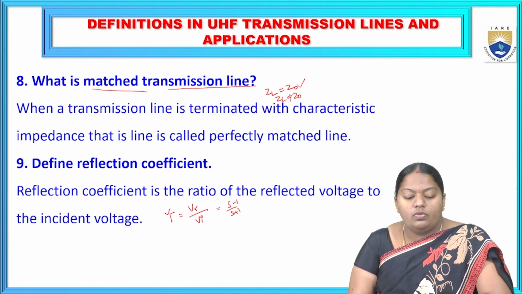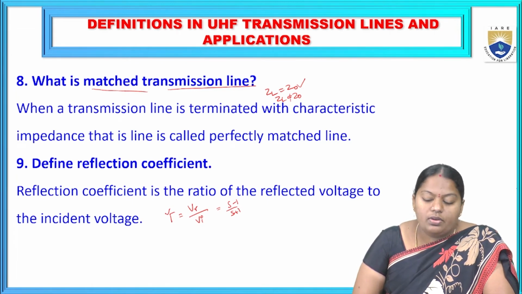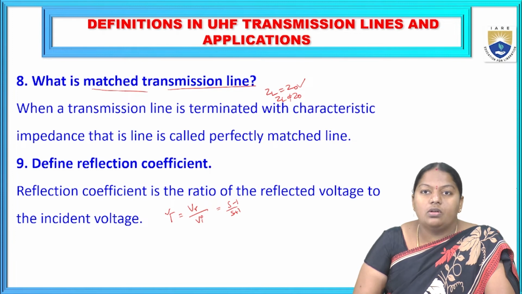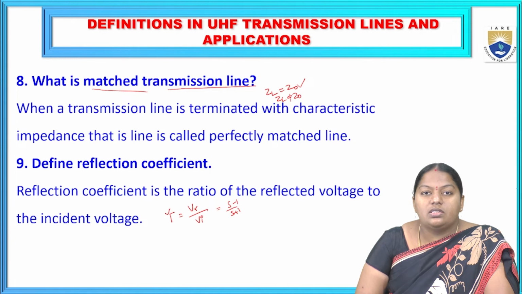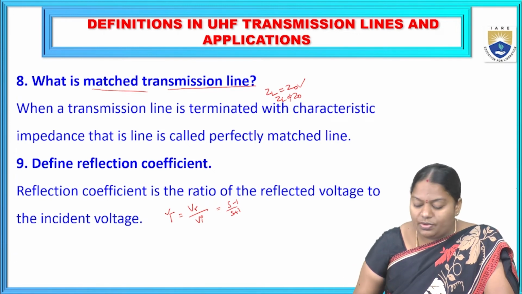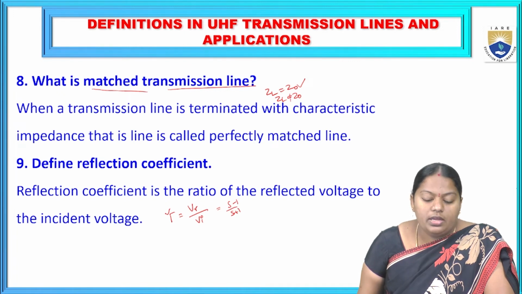As we know, the reflection coefficient gamma ranges from 0 to 1 and the standing wave ratio S ranges from 1 to infinity. The reflection coefficient is the ratio of the reflected wave voltage to the incident wave voltage.